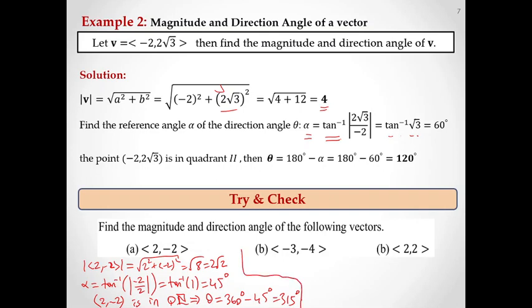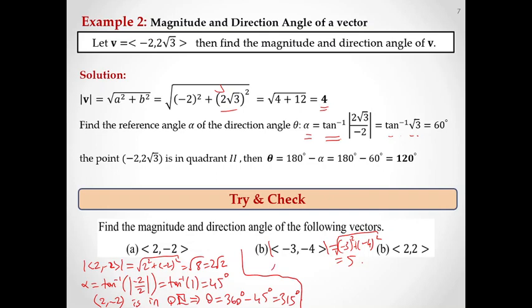Okay, when it comes to this question, when you calculate this one, you will get the magnitude as 5. You can take squares and add, and it's not hard to see this is equal to 5.